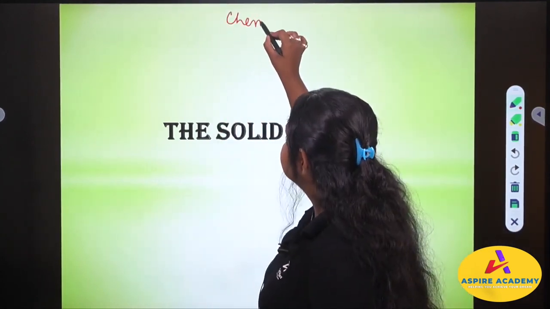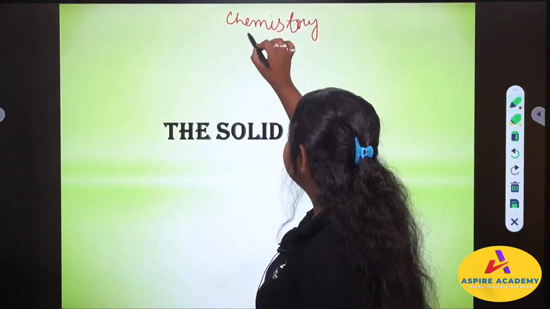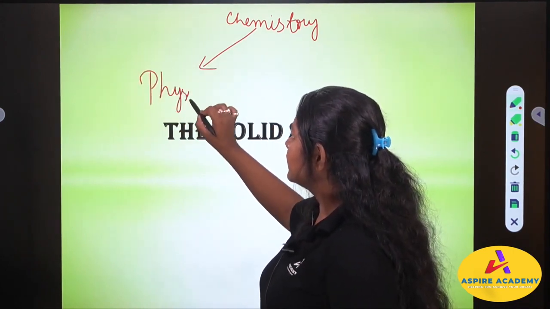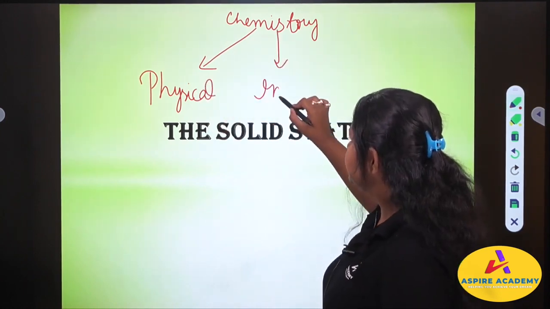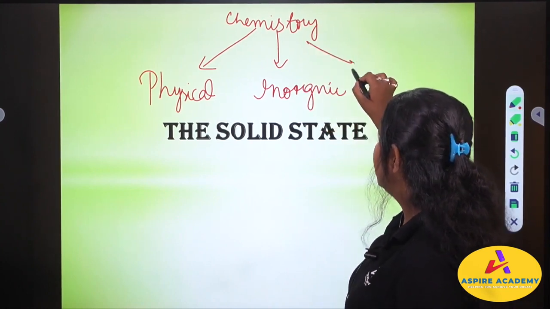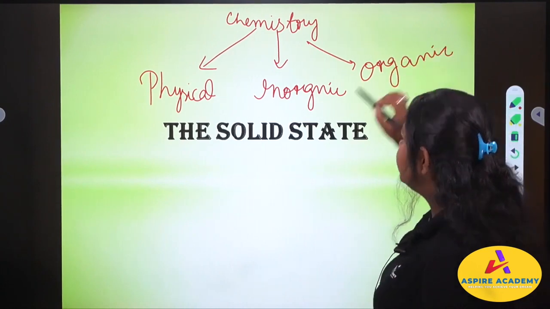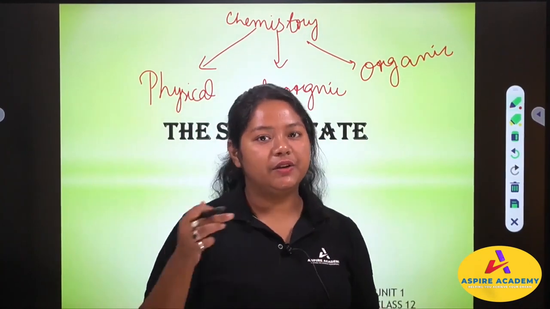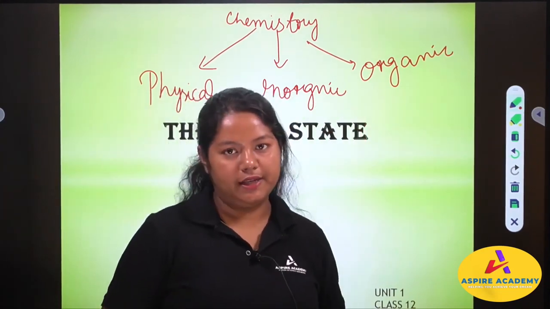You all must be knowing this, that chemistry is divided into physical, inorganic and organic chemistry, correct? You all must be familiar with this, that chemistry is divided into 3 parts, right? Physical, inorganic and organic, correct?